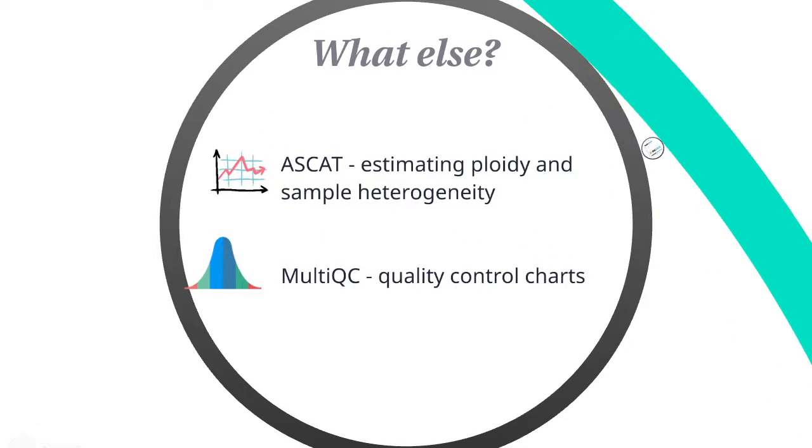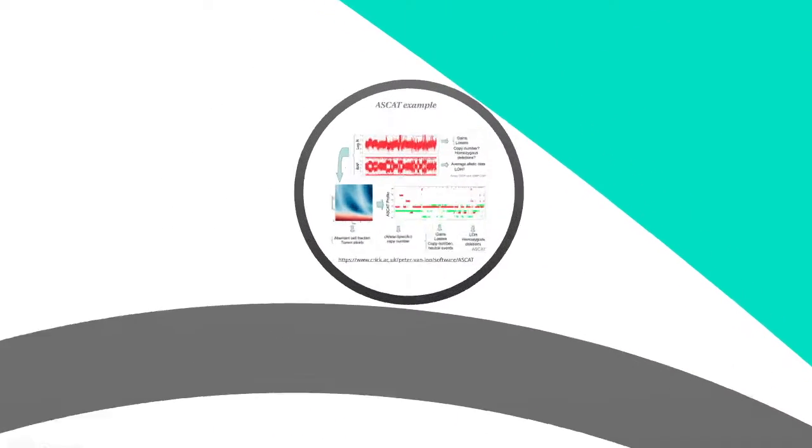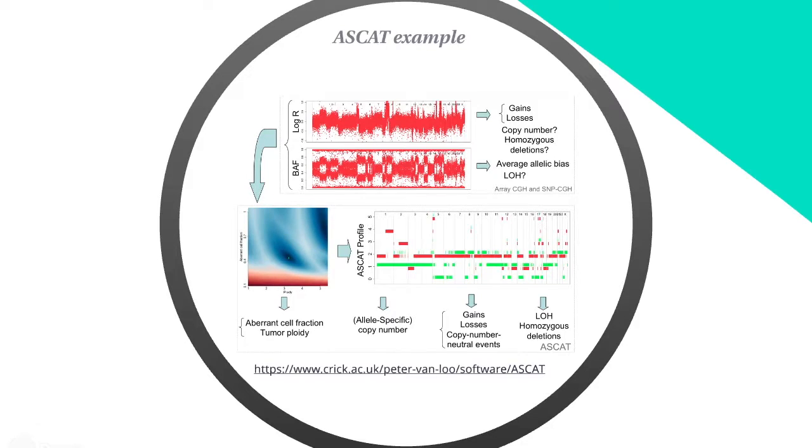What else? As I mentioned before, there is the software ASCAT that can estimate the sample heterogeneity. For example, I got this slide from the ASCAT web page, and you can see that there are quite a lot of questions, and you will get an answer for all these questions, at least some estimate.